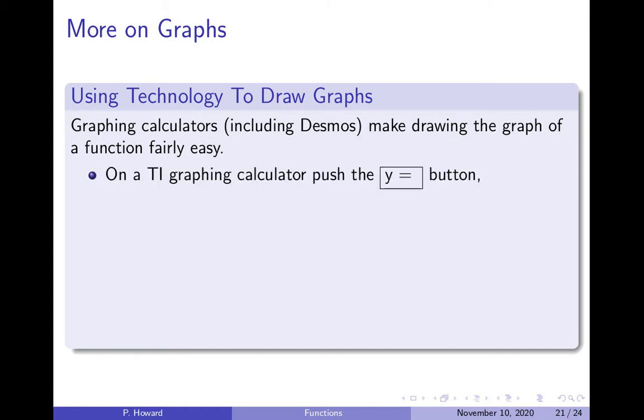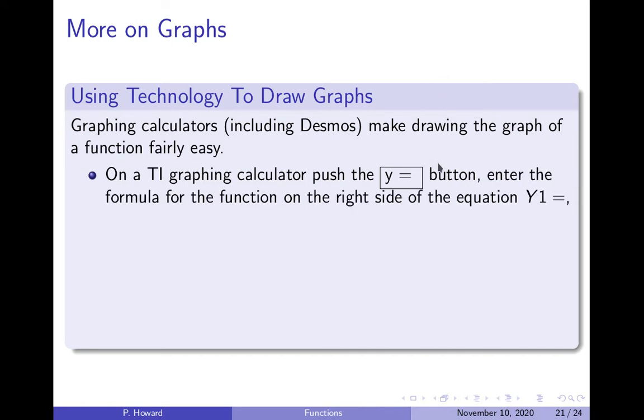If you're using a TI graphing calculator, you begin by pushing the y equals button. And then you enter the formula for the function on the right side of an equation. You will see y1 equals.